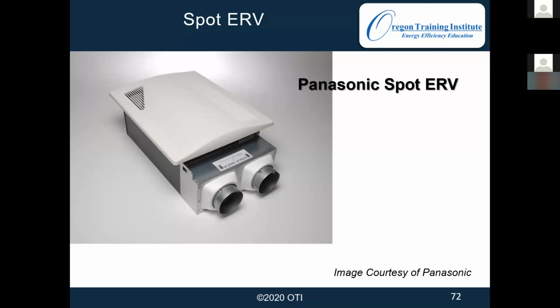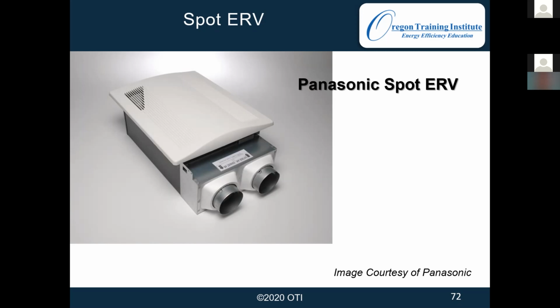I asked Panasonic if they were going to make a HRV, and the problem they are running into with a mini HRV is the condensate. Since it does have a drying effect, we've got to get that moisture somewhere safe where it's not going to rot or grow mold, and they're having a big issue with that.